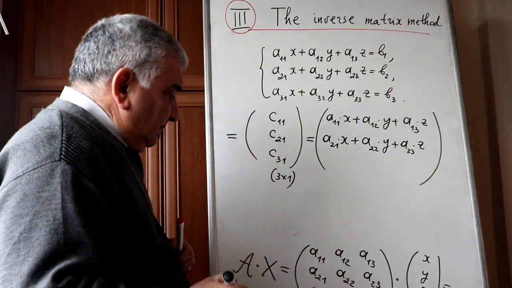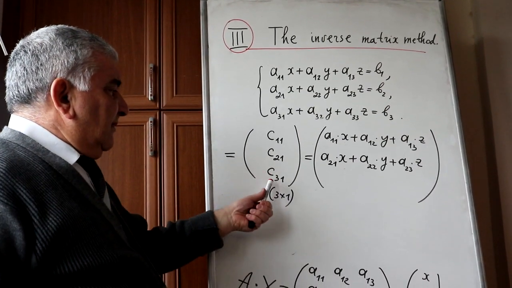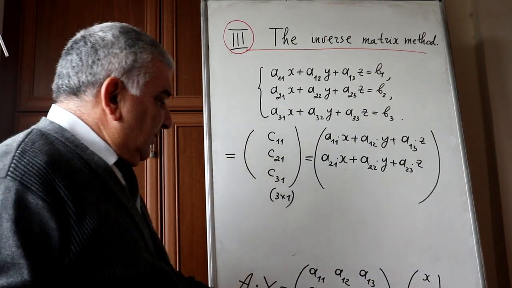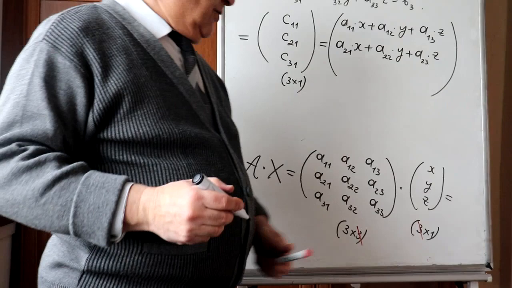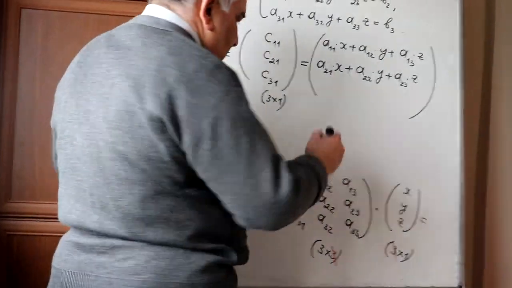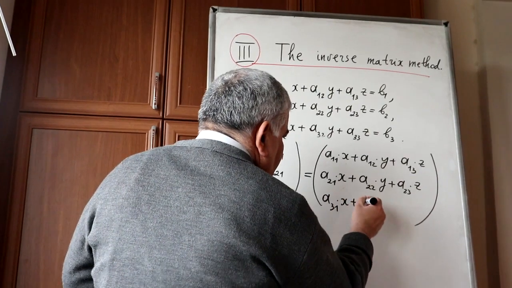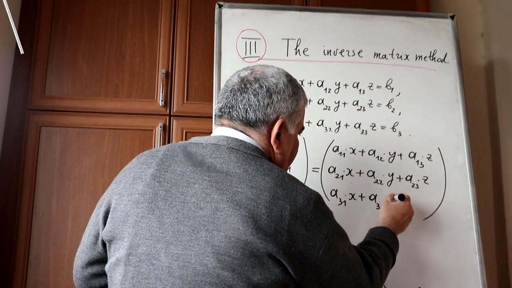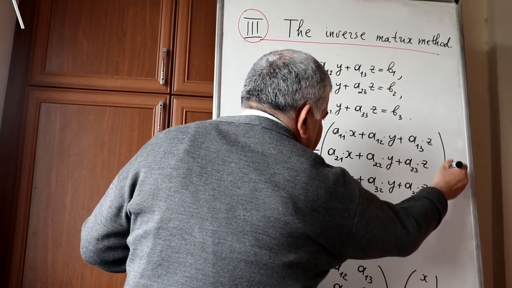And finally, for obtaining the last element C31, we must multiply the third row of the left matrix by the first column of the right matrix: a31 x plus a32 y plus a33 z equals.